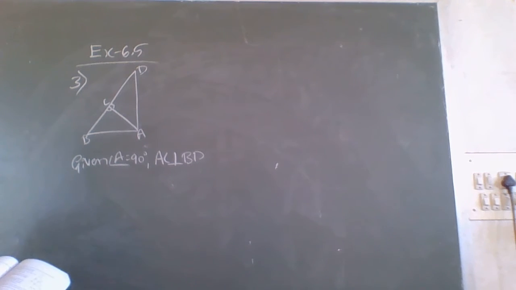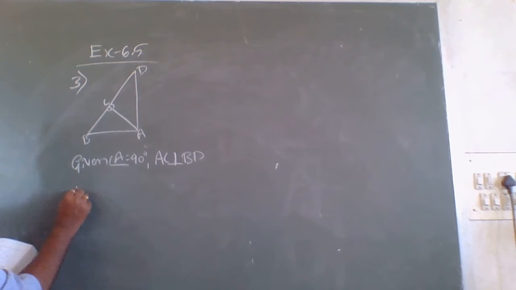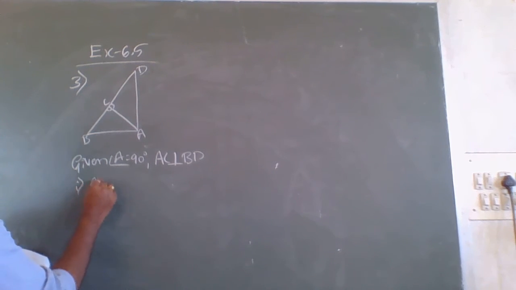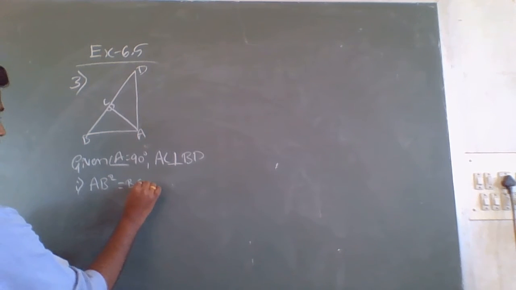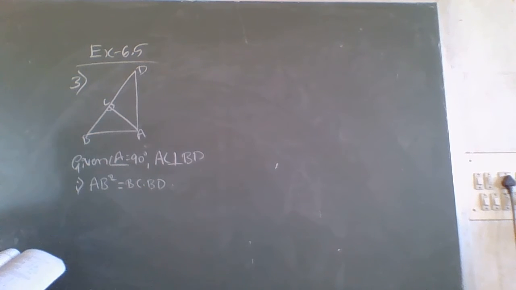Show that, we have to prove, first one: AB square equals BC dot BD. They have given three questions here. First one, AB square is equal to BC into BD.